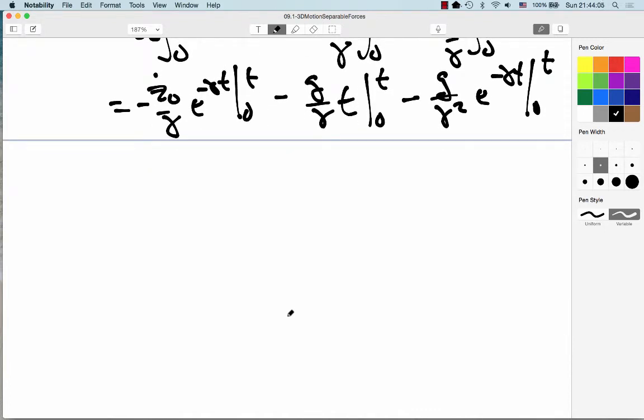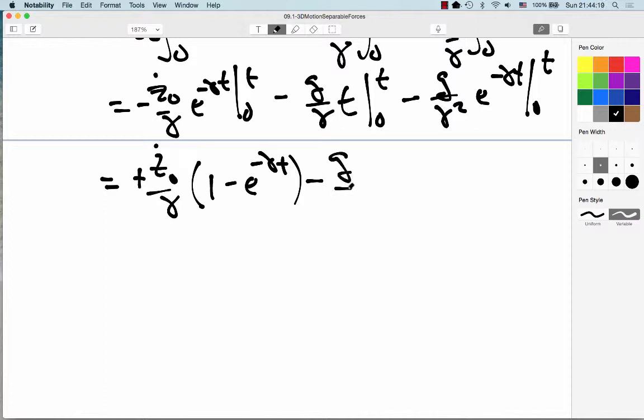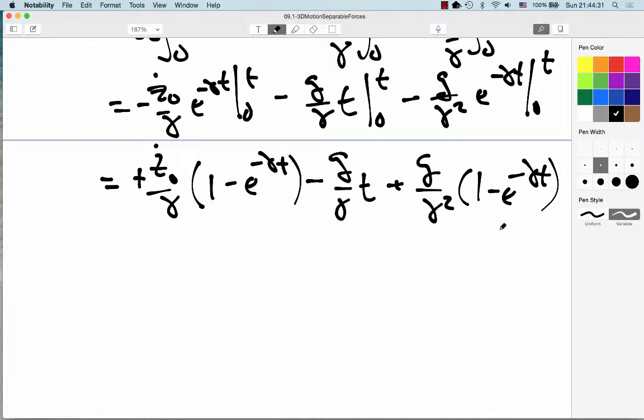All right. So this becomes minus z naught dot over gamma. Actually, I can make that a plus, and this becomes 1 minus e to the minus gamma t. This becomes minus g over gamma, just plain t. And then this one also is going to become plus g over gamma squared, 1 minus e to the minus gamma t.